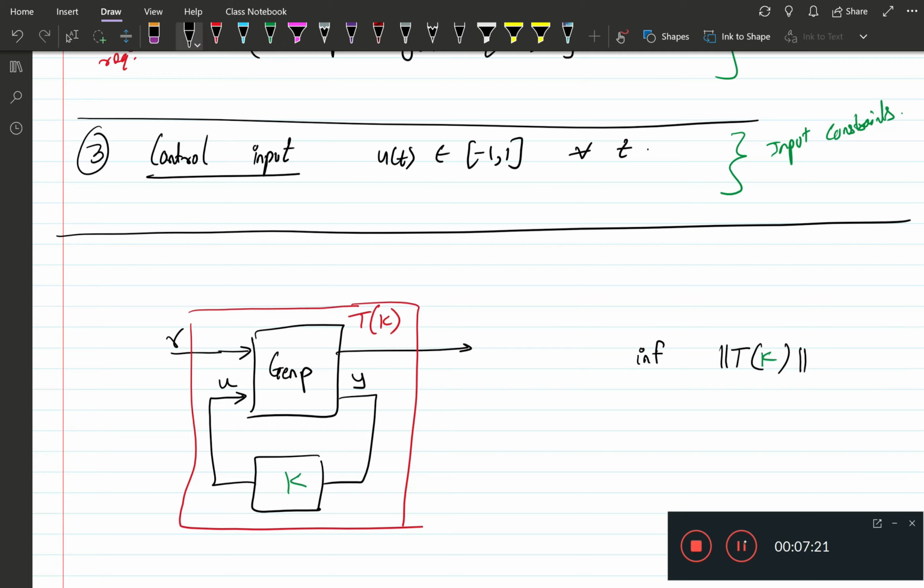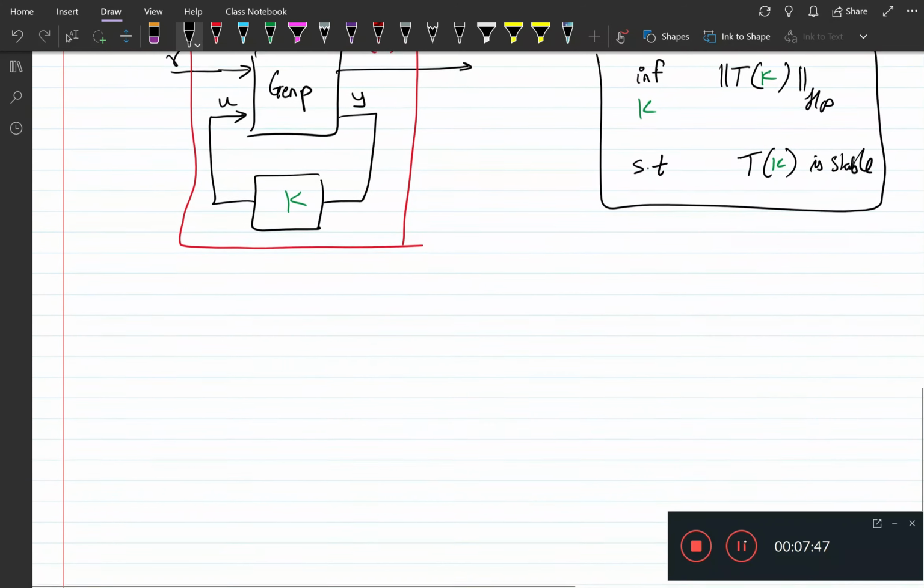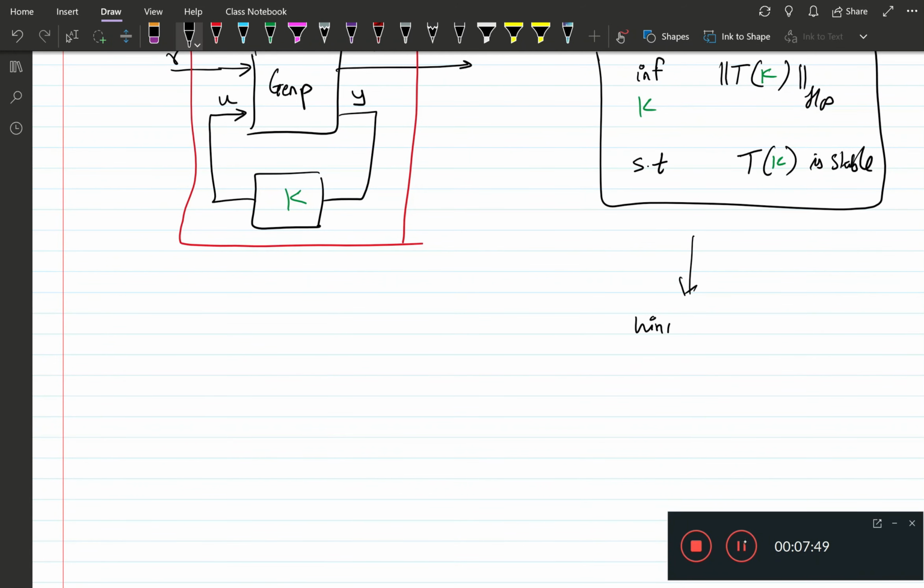the problem of finding a controller K that minimizes the H-infinity norm over all stabilizing controllers can be solved by using the Hinf command in MATLAB.